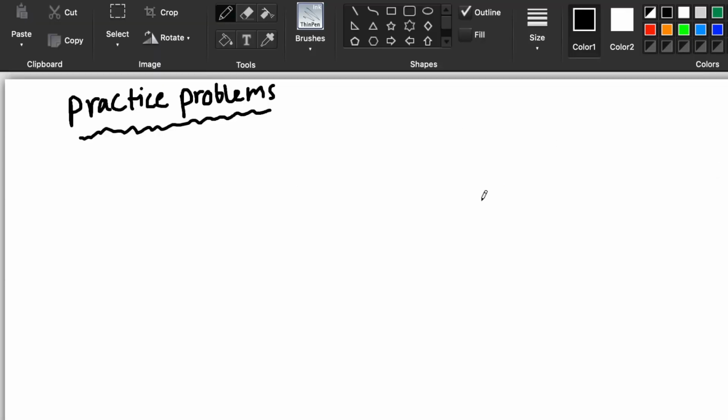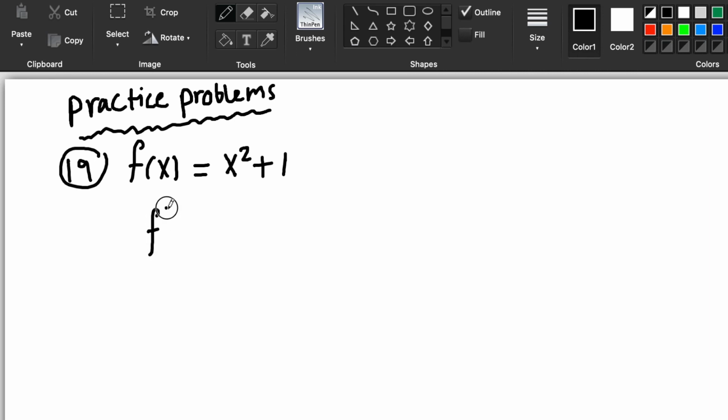So problem 19, we have f of x equals x squared plus 1. We need f inverse of x. Alright, so let's solve it.